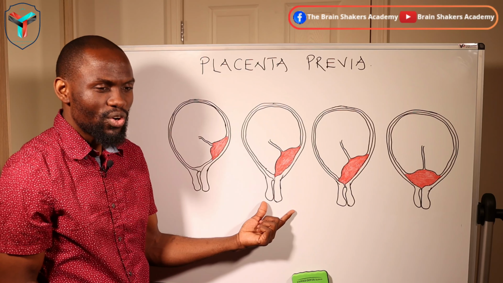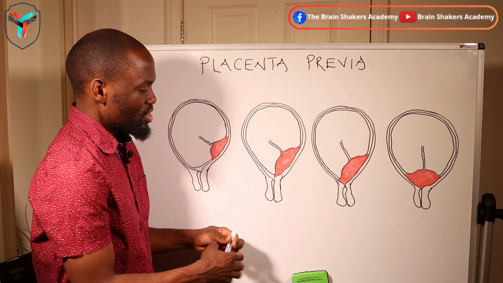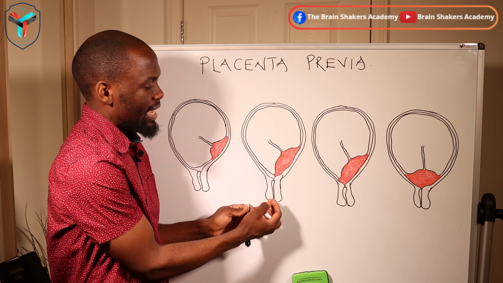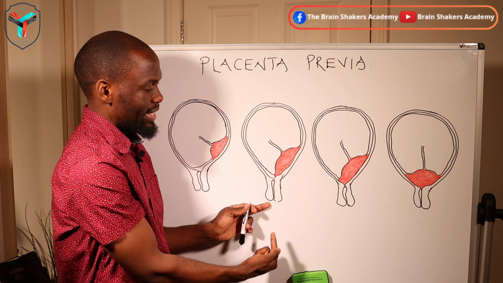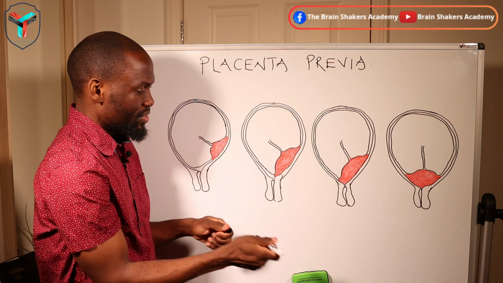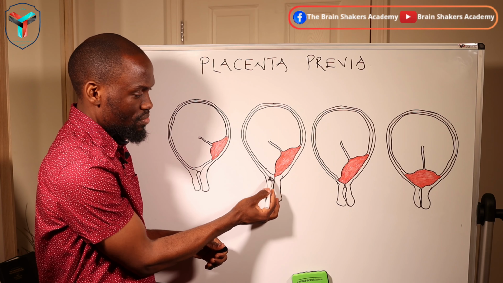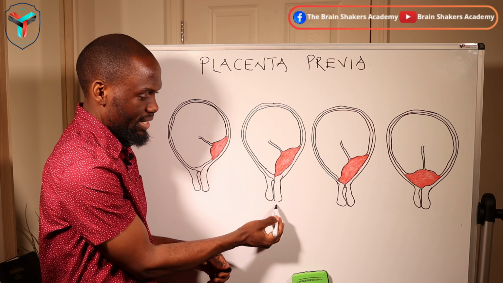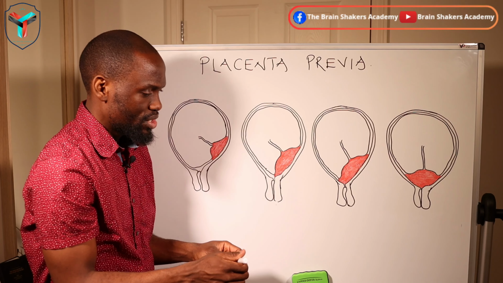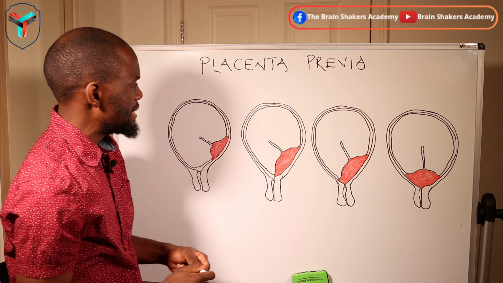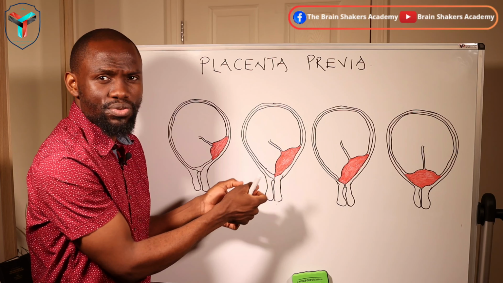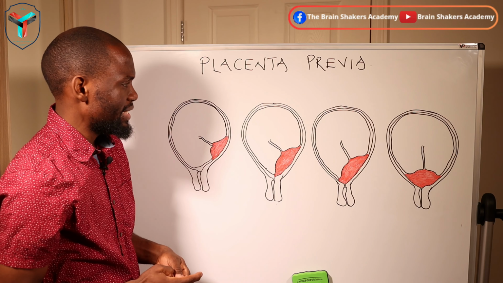It has an internal os and an external os. So we're looking at this particular end here as the external os, and then there is a canal in between, and then we get through to the internal os, which is right around this region. That canal is usually about 2 to 4 centimeters in length, and once the woman gets into labor, it reduces.